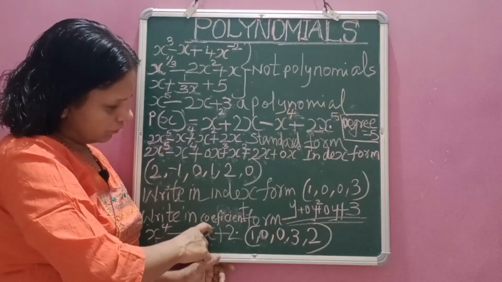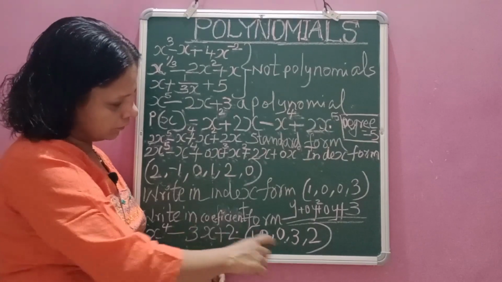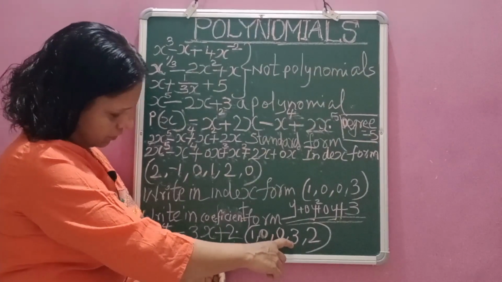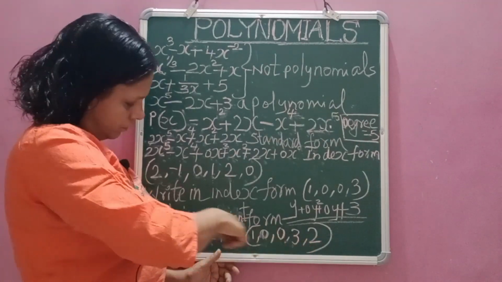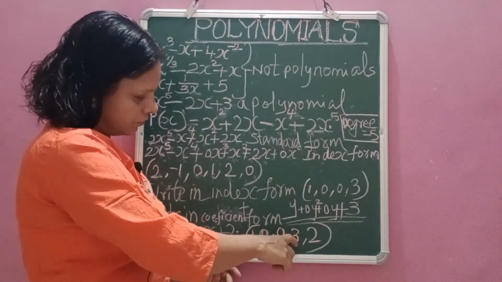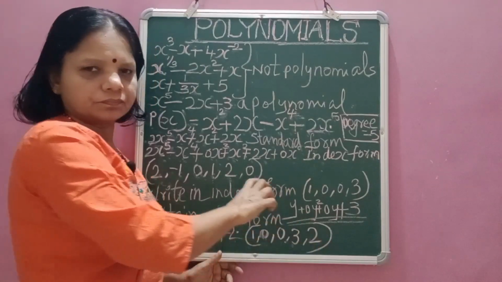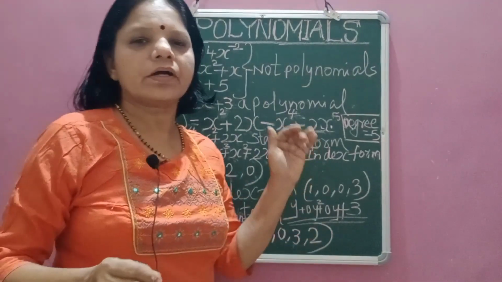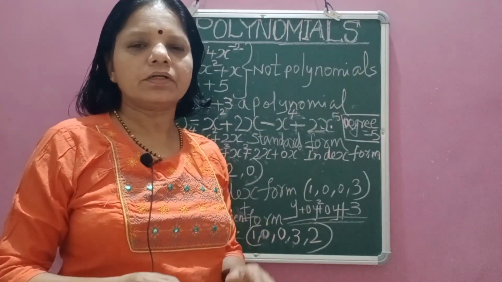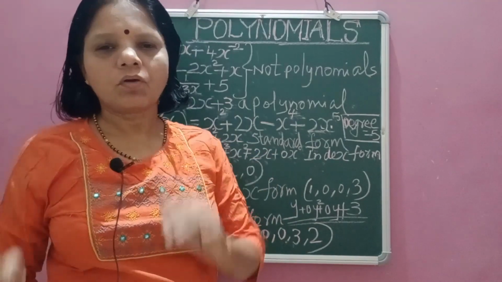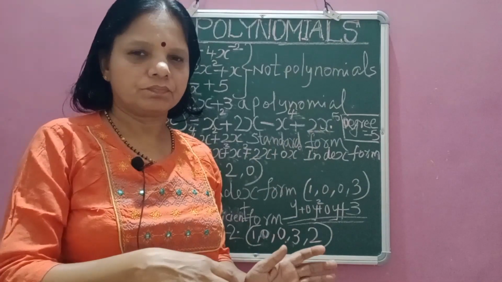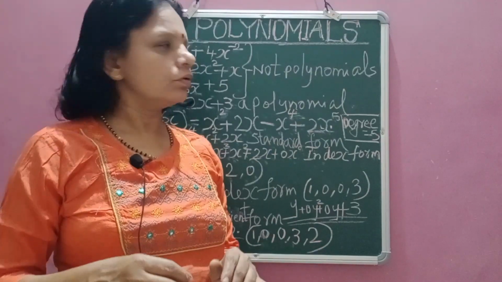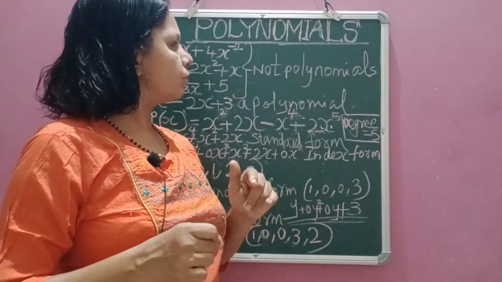Then x raised to 1, the coefficient is minus 3, and minus 2. Clear? In this way, you can convert index form into coefficient form and coefficient form into index form. Clear? So that is all about polynomial.